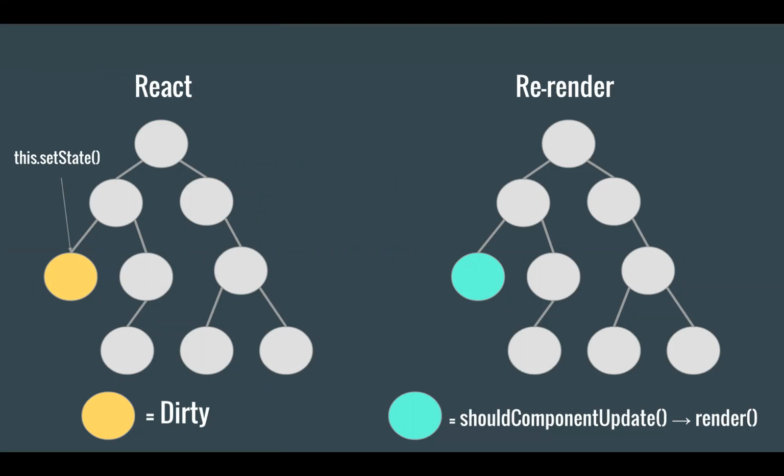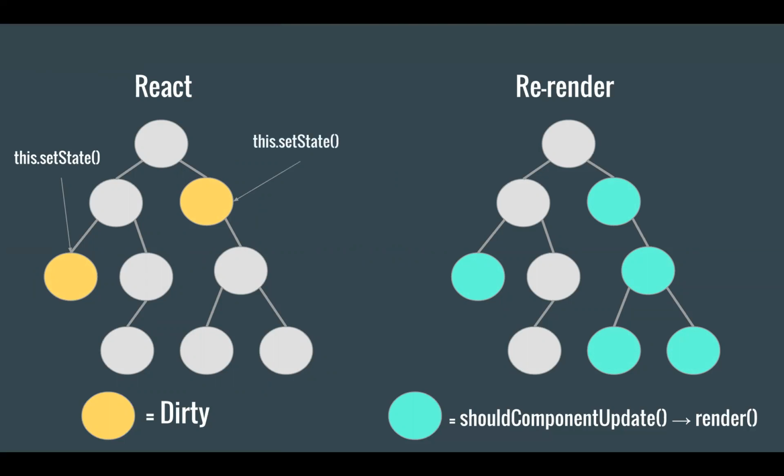So if on this far left bottom node, we call this.setState on that component that we've created, it'll call shouldComponentUpdate, and then it'll re-render that node if necessary. But if I call it for a node that's much farther up the tree and has many children that live under it, and when I say children, I just mean other components that fall under that tree in the DOM, it'll try to re-render every single node that's a child of that node.